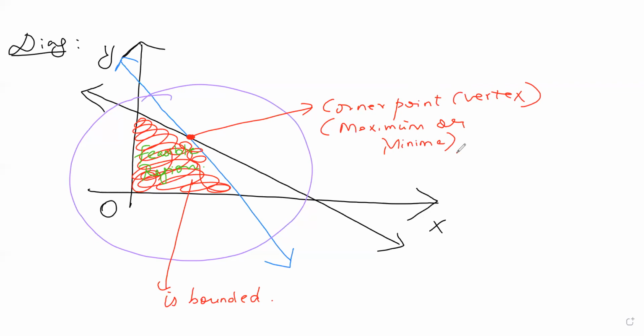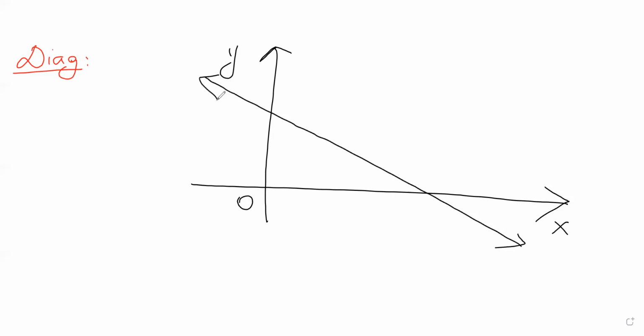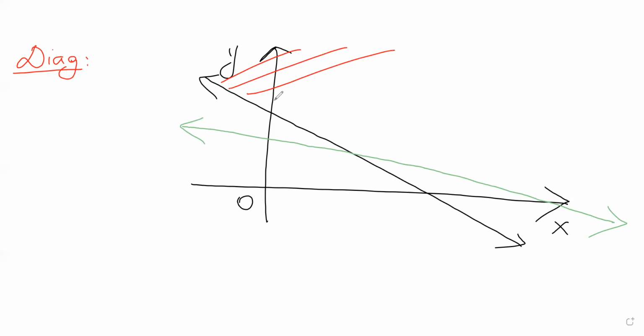But on the other hand, if I have another diagram, now look at another diagram. Look at another diagram I'm drawing. Suppose my feasible region is somewhat like this. This is my one boundary line. Okay. This is another boundary line in green color. And suppose guys, my shaded area is this.